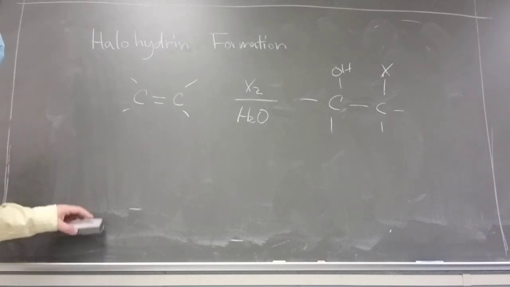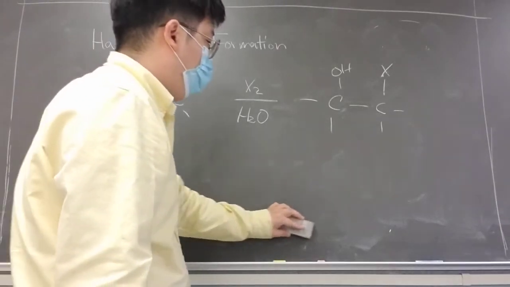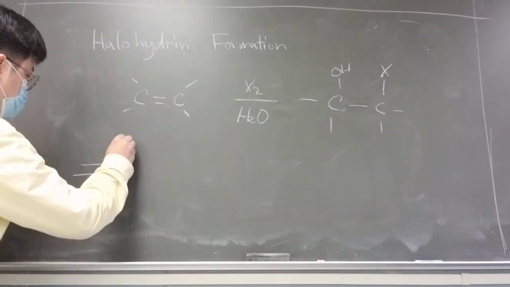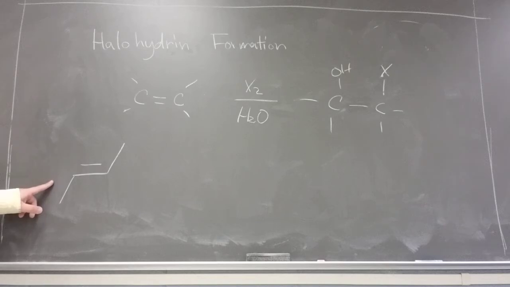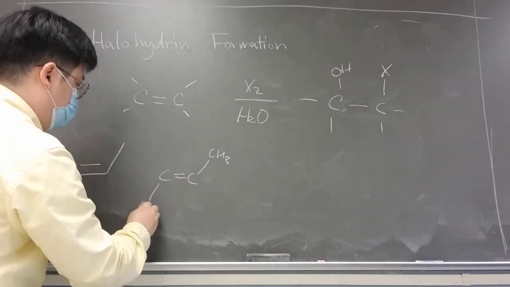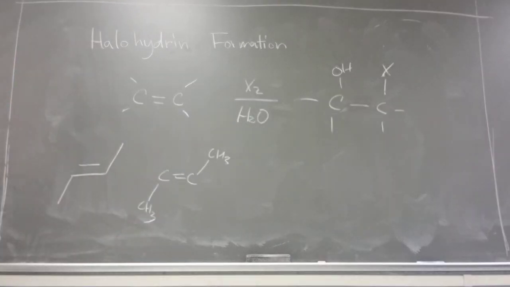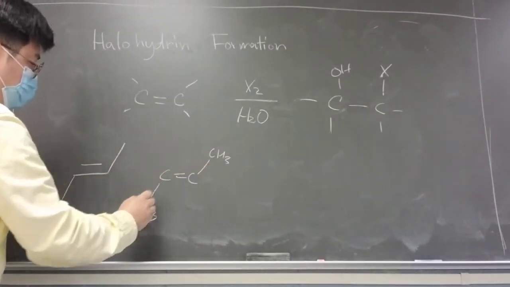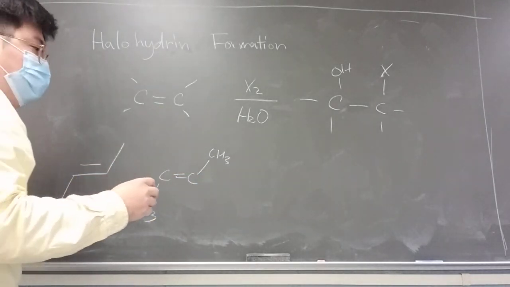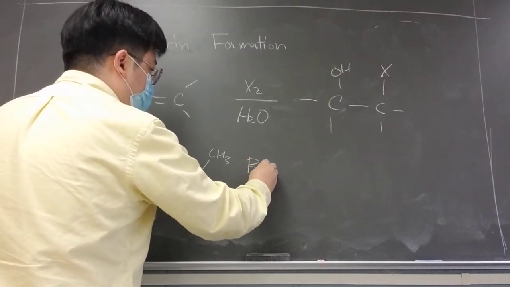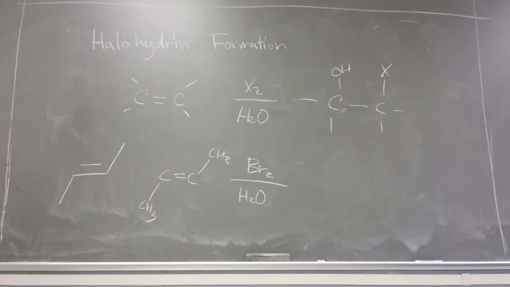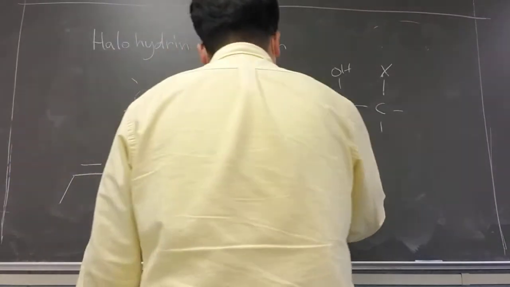So I'll show you one example here. This is simply a trans-2-pentene alkene compound. Let's say we have bromine and water. What happens to this one is pretty much the same.